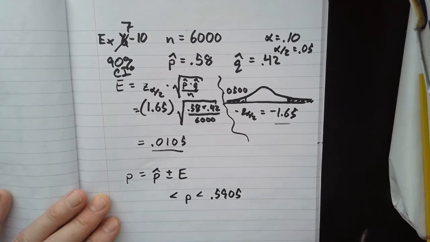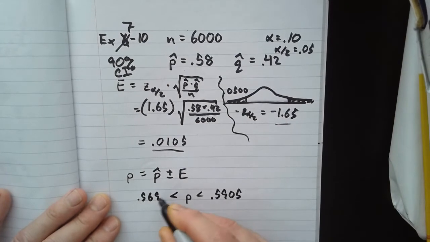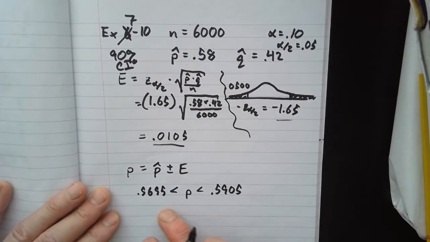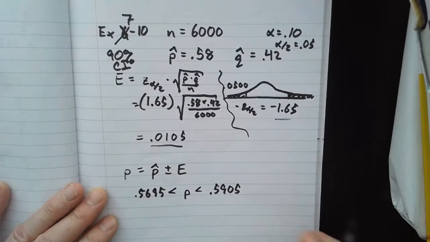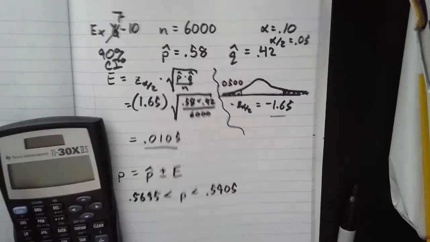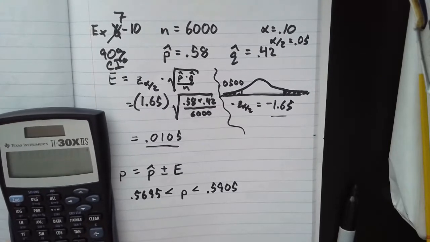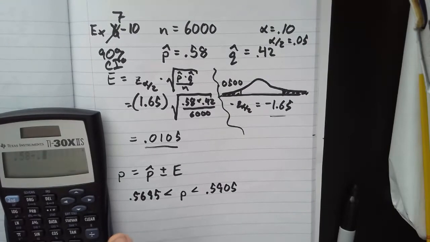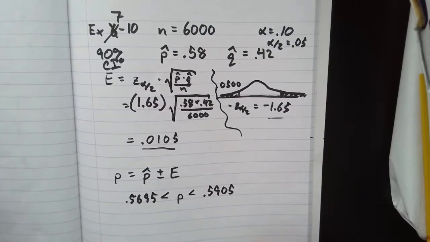And then on the other hand, we're going to subtract away 1.05%. So that's going to be 0.5695, I want to say. Okay. You might want to double check me with the calculator on that, because I've been known to do my mental math wrong. In fact, you know what? I'm just going to go ahead and check it with the calculator. Let's go ahead and turn that back on. So we go 0.58 minus 0.0105. And, oh yeah, good. All right, tripping out for no reason.